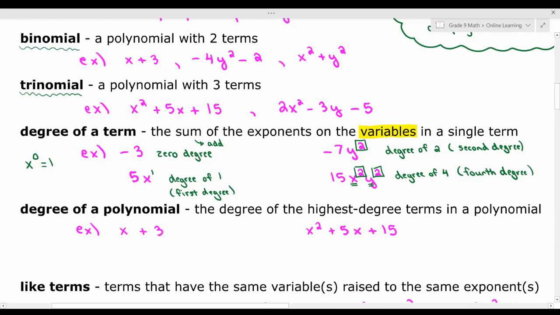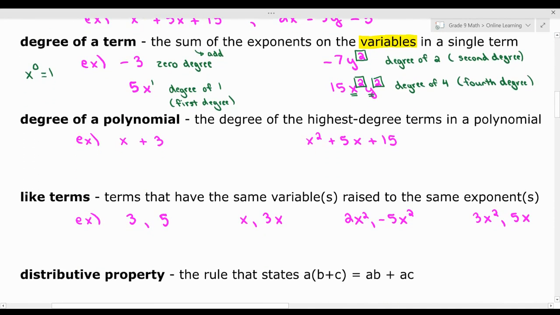Okay, so key takeaway, if you have a constant, so if there is no variable, that's considered 0 degree. If you have a variable and there's no number there, don't forget that implies a 1, so we call that first degree. If you have a number, you just say that's the degree. But then if you have multiple variables, you have to add those exponents together.